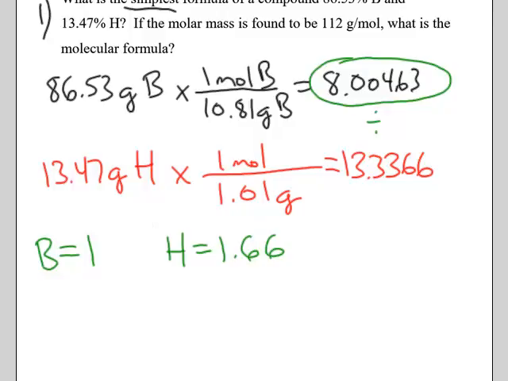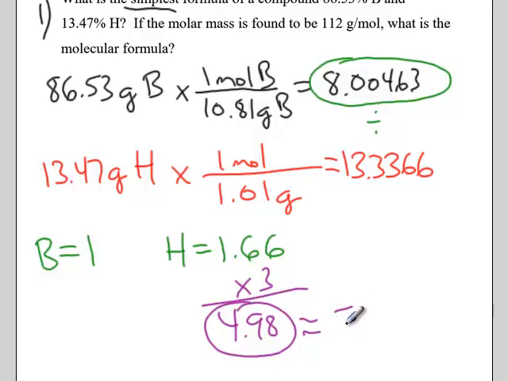Now again, 1.66, too far away to round it to a 2, too far away to round it down to a 1. So here's where I have to multiply, and if I try multiplying by 2, it's not going to give me a whole number. If I try multiplying by 3, 1.66 times 3 is 4.98, and that's close enough that we can round that to a 5.